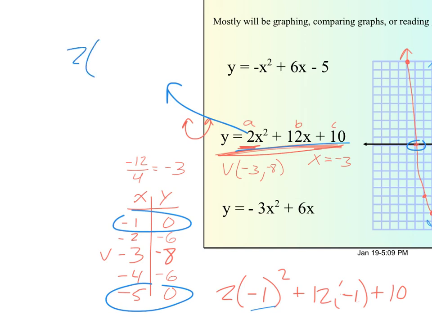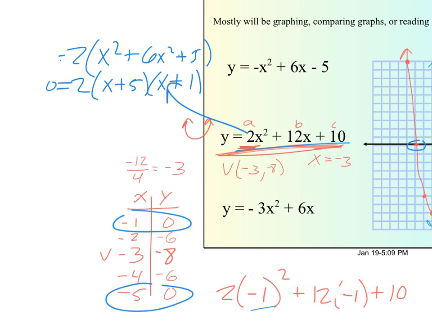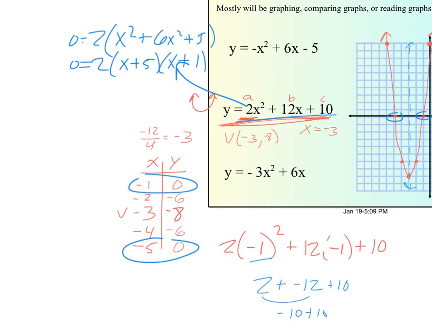So if I factored out a 2, because that's how I'd start this one, I'd get x squared plus 6x plus 5. And then if I tried to factor each of these, I'd get x plus 5 and x plus 1. What do you know? And so it all really equals 0, because I should have put in equals 0 over here. And yep, what do you know?